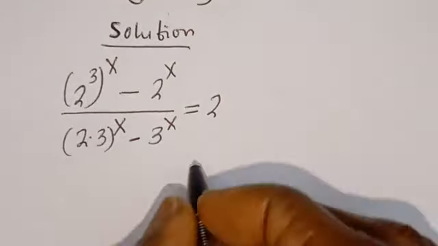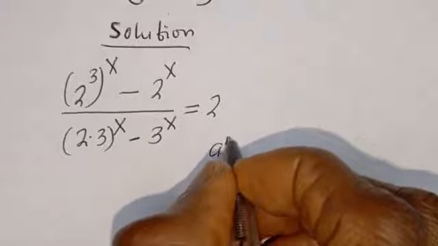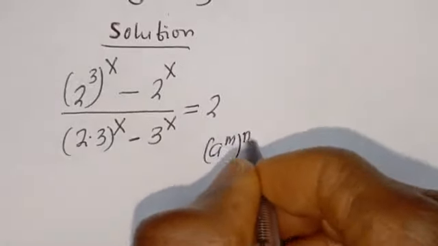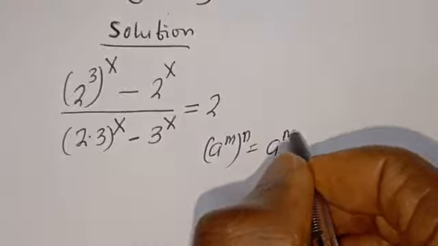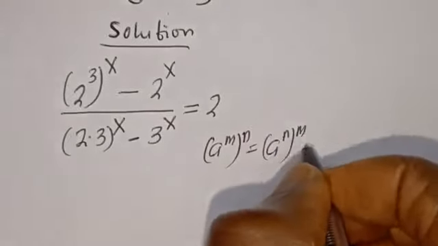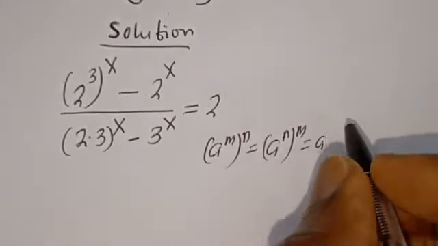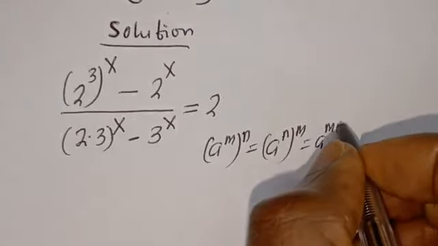Then take note of this, that if you have a to the power of m, to the power of n, this is equal to a to the power of mn.